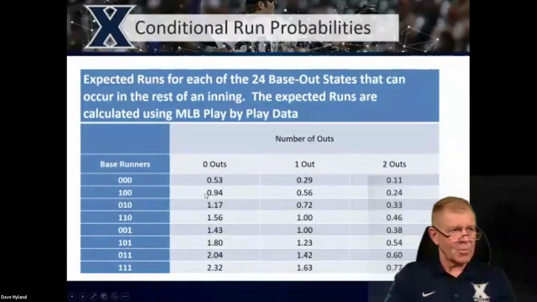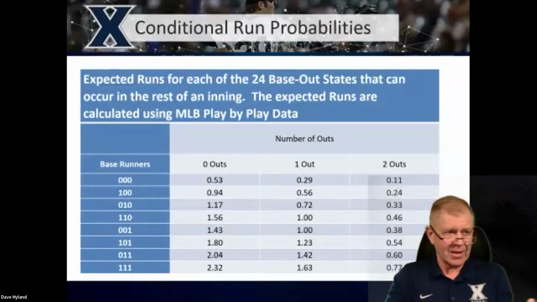I expect to score 0.94 runs through the end of the inning, right? What if I bunt him over? Okay, I go from 0.94 to 0.72, right? Well, if that's what happens, I go from a runner on first and no outs to a runner on second and 1 out. I actually expect to score fewer runs in the inning, statistically.